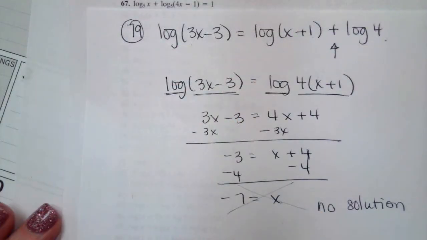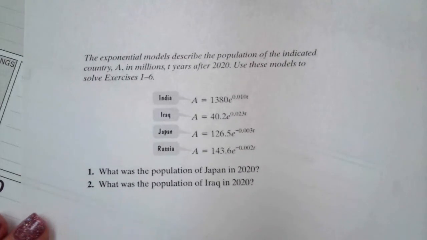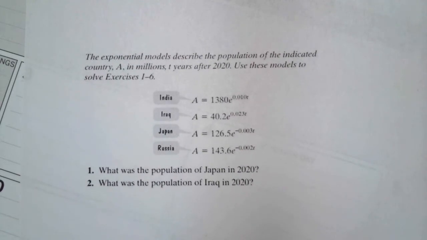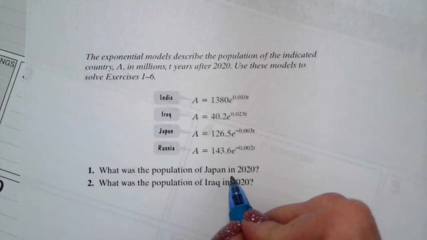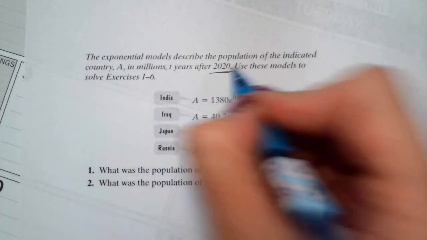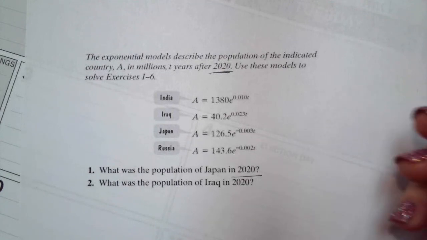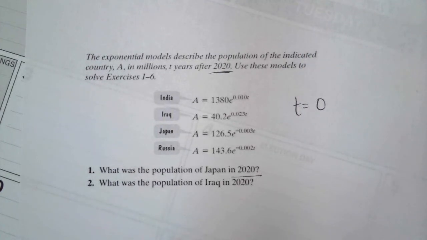All right, the last thing that I wanted to look at with you guys is from 3.5. The exponential models describe the population of the indicated country. This one, what is the population of Japan in 2020? Okay, so this says years after 2020. So that means that the time is 0. 0 years have passed.